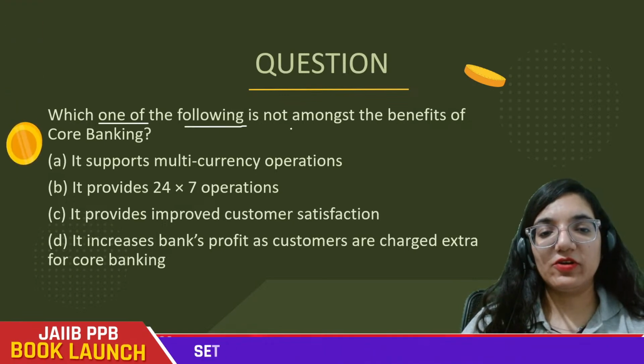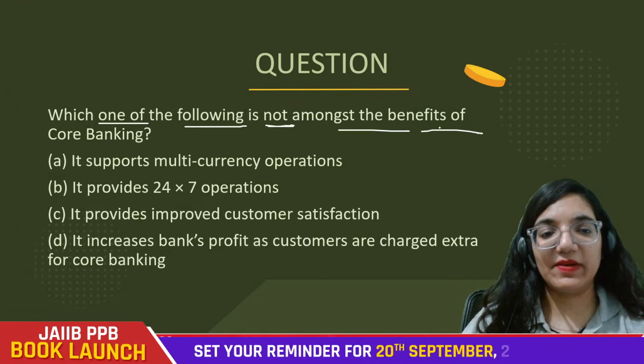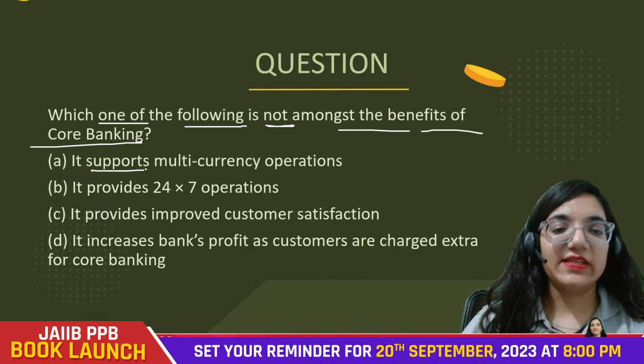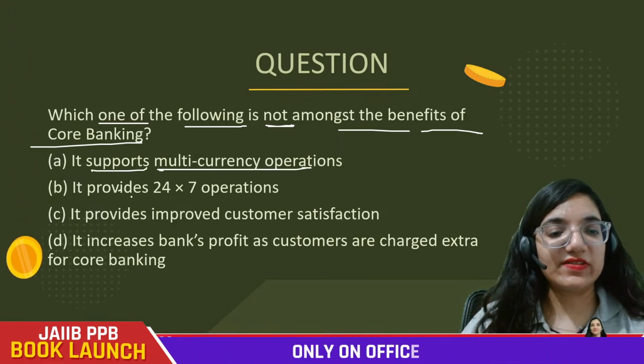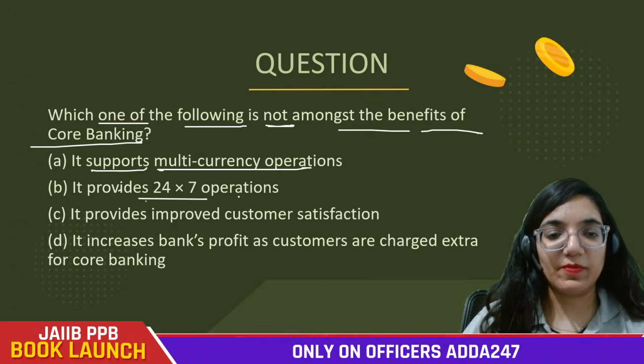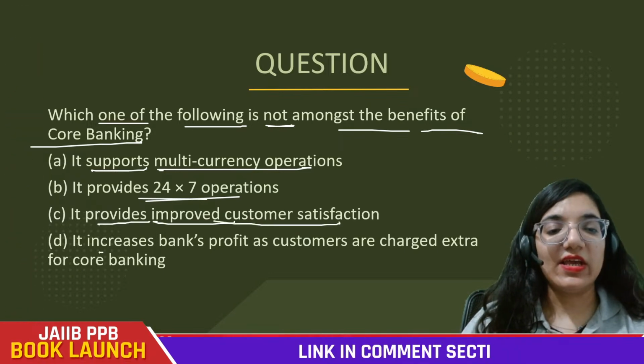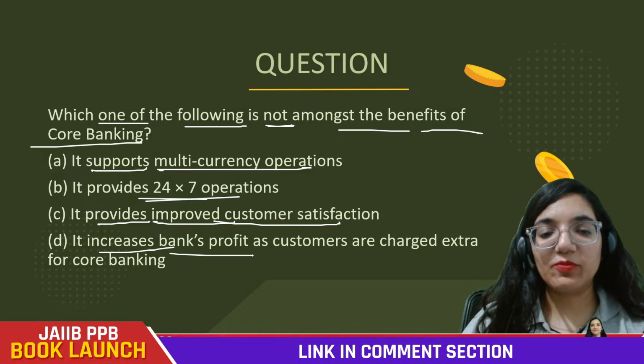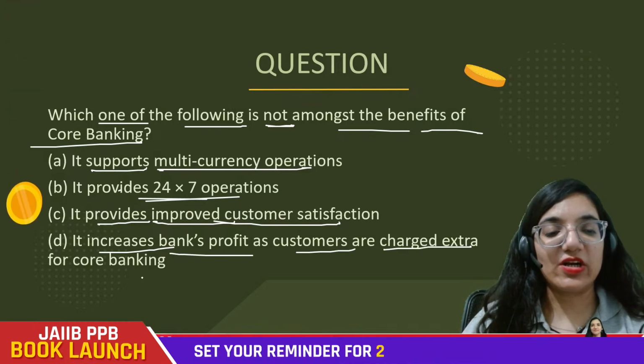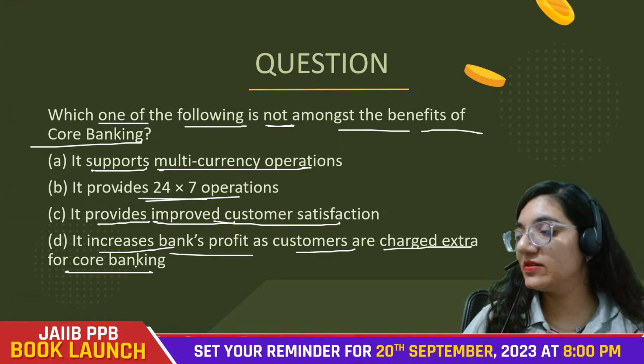Which one of the following is not amongst the benefits of core banking? It supports multi-currency operations. It provides 24/7 operations. It provides improved customer satisfaction. It increases bank profit as customers are charged extra for CBS.